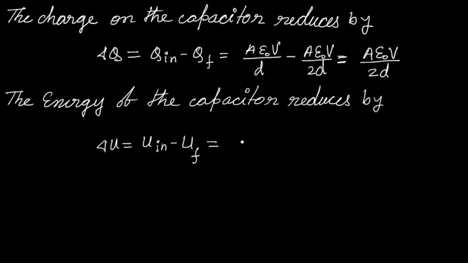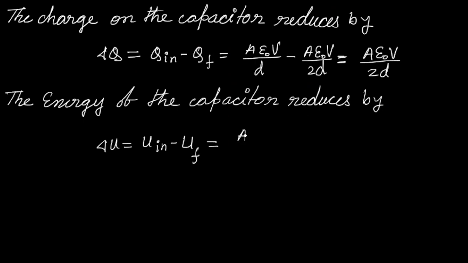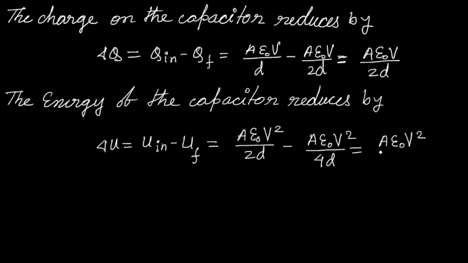U initial was A epsilon naught V square divided by 2D, and the final energy is A epsilon naught V square divided by 4D. So the amount of energy reduced in the capacitor will be A epsilon naught V square divided by 4D.